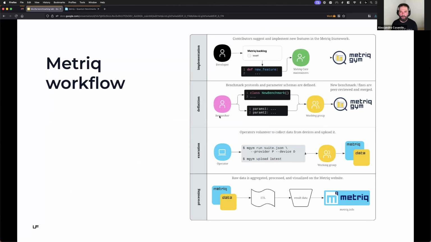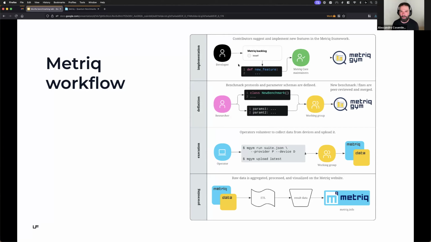So the workflow is quite simple. The workflow we envision: if you are a developer, you can contribute. So that's the swim lanes at the top. You can contribute to Metric, either to the Metric Gym runner or the suite, and you can propose new features.